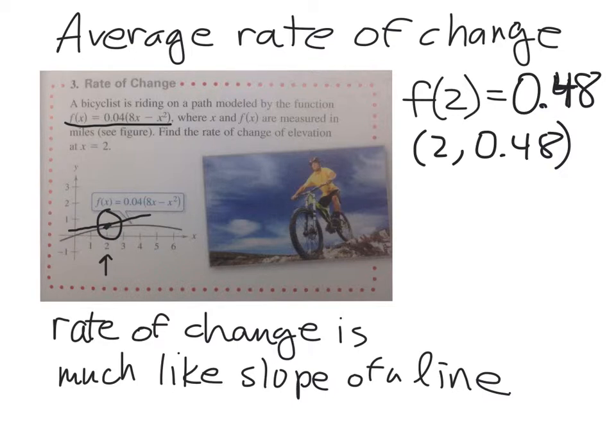Now we're, again, not able to find the exact value of it, but we can come pretty close. What would we need to do in order to at least get an idea what that slope is? What did we say we needed to find the slope of a line? Okay, we need 2 points. We've got one, but we need a second point.